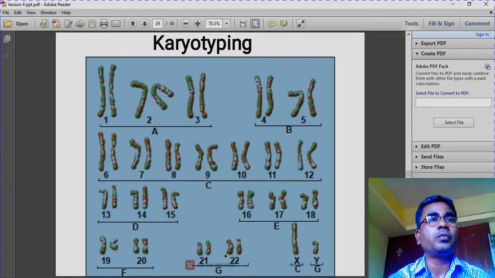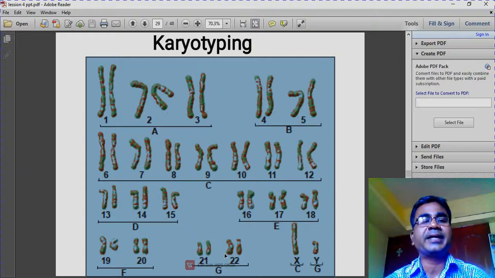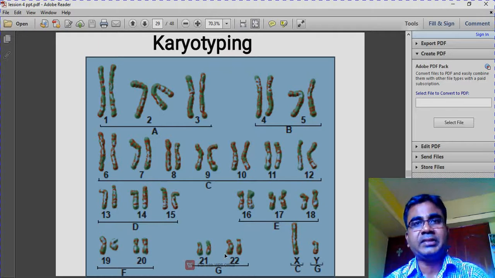That is the karyogram. The procedure is that we culture the cells, separate the chromosomes from the cell, and take photographs.